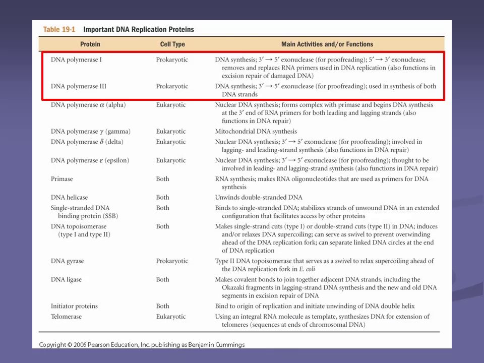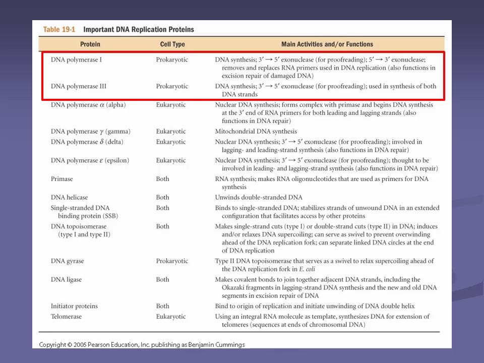Now here at the top, when we look at our DNA polymerases, they both read 3' to 5'. They both synthesize 5' to 3'. But there's one very big difference between DNA polymerase 1 and DNA polymerase 3. DNA polymerase 1 has the ability to remove and replace RNA primers.